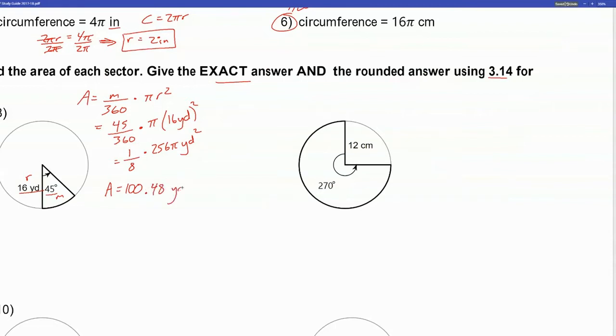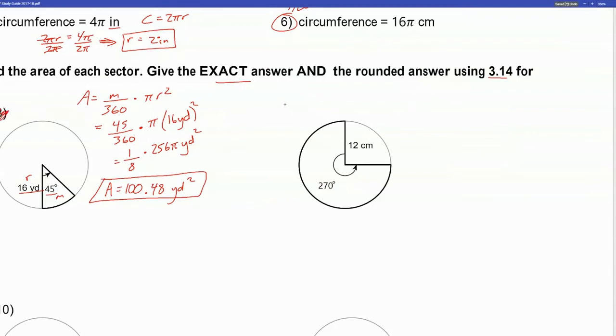Okay, and that's square yards. All right, so double check. Try it in the calculator. See if you can do it in the calculator, and see if you get that.